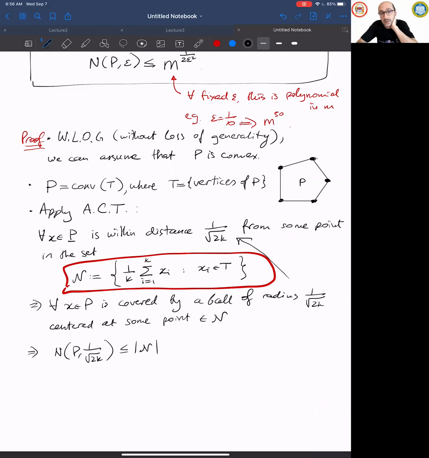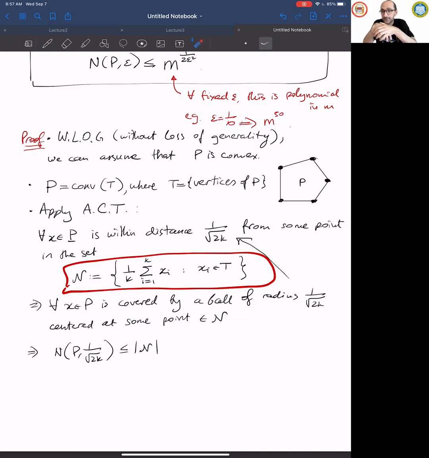How many points are there in N? What decision do we have to make to fix a point? We need to know which vertices. There are k, like you said. We choose a combination of k vertices and just take their average. And that's what N is, and we can repeat them. Yes.